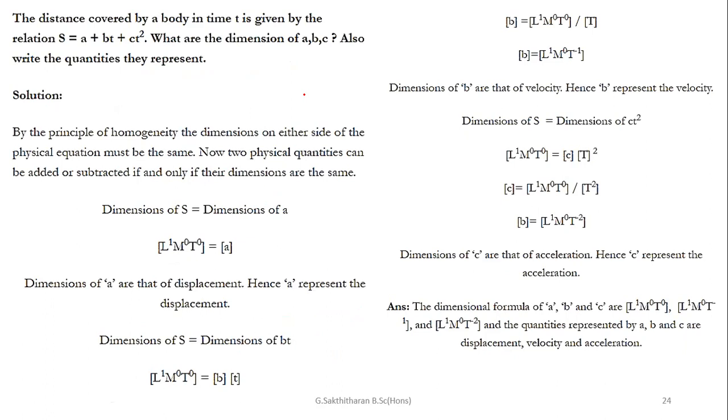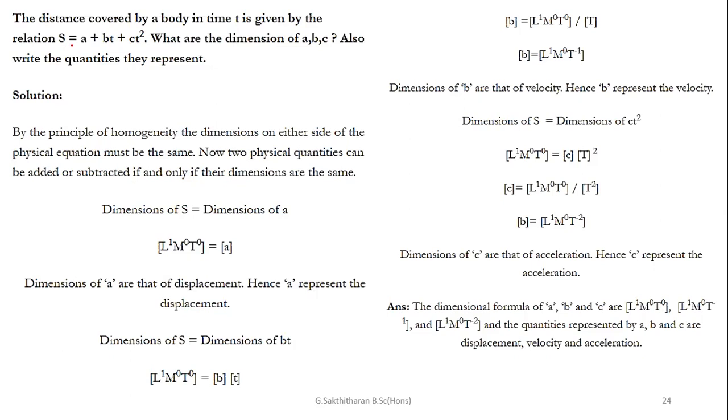Another usage of dimensions is finding the dimensions of unknown physical quantities. In this equation, S equal to A plus B T plus C T squared, here A, B, C are the quantities we need to find.